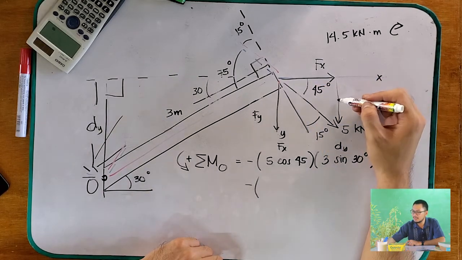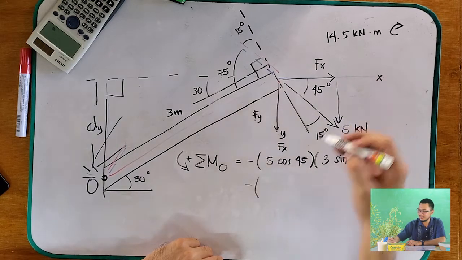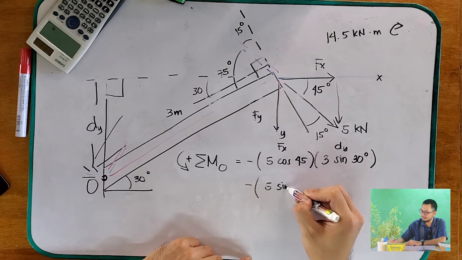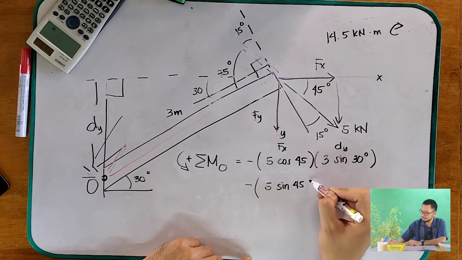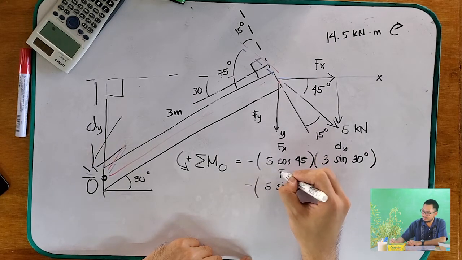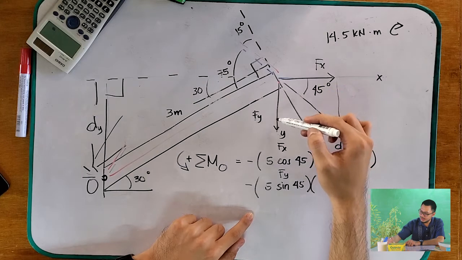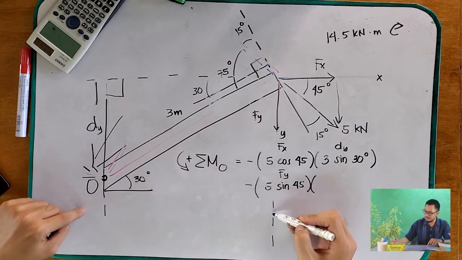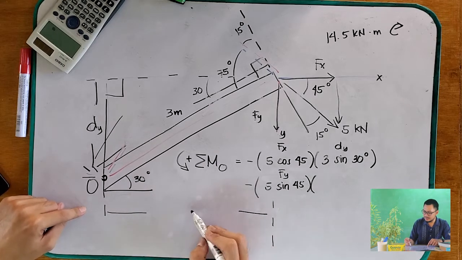So, opposite over hypotenuse. That is 5 kilonewtons sine of 45. This is your Fy. Multiplied by the moment arm. This is the direction of your force y, and this is your perpendicular distance.